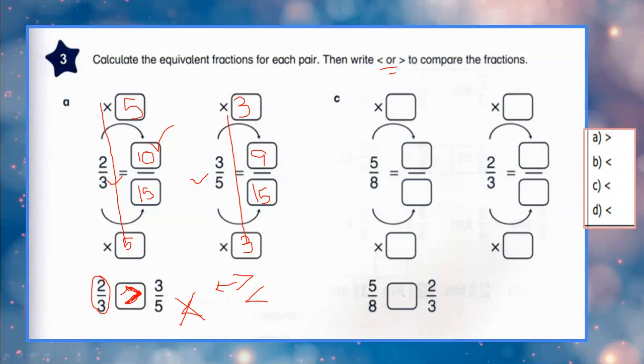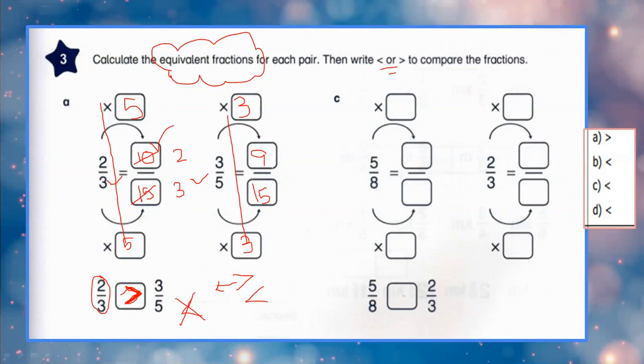Okay, so part A has been solved for you. And you know one important thing? Why is this called equivalent fractions? This is a very important point, so just listen. When I reduce it, 5 twos are 10, 5 threes are 15.